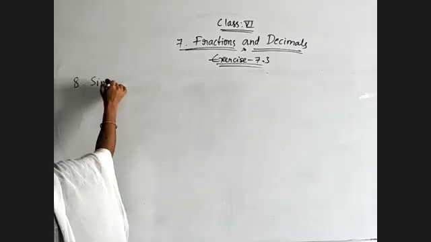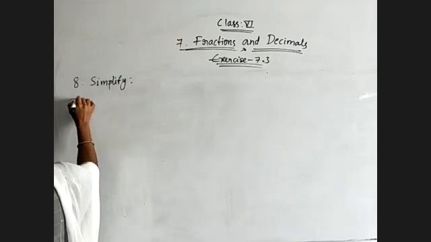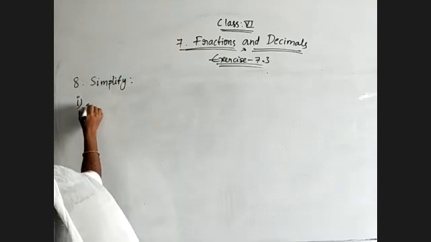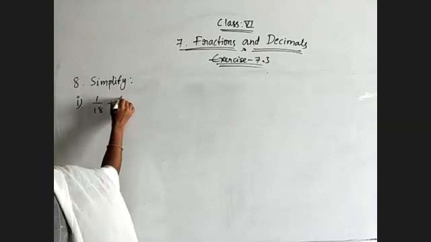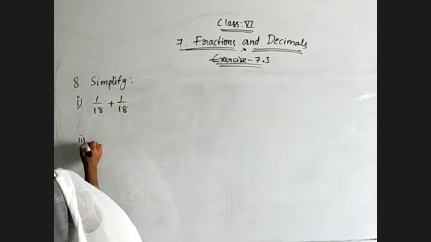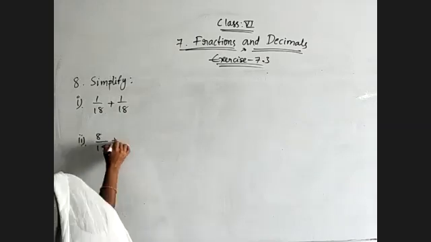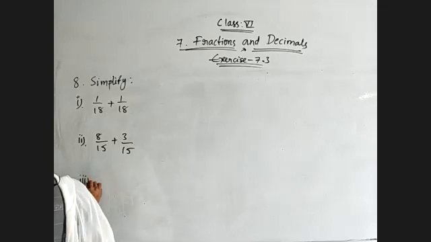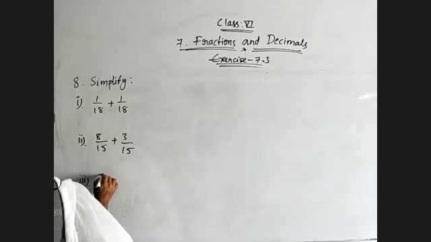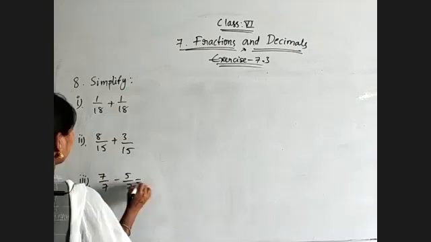Simplify. First problem, 1 by 18 plus 1 by 18. And second question, 8 by 15 plus 3 by 15. And third problem, 7 by 7 minus 5 by 7.